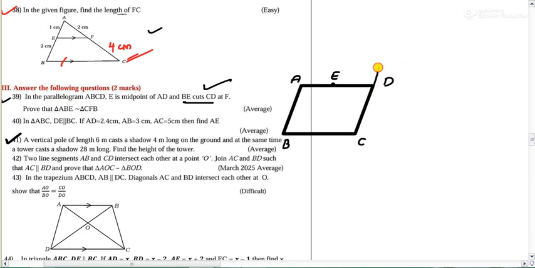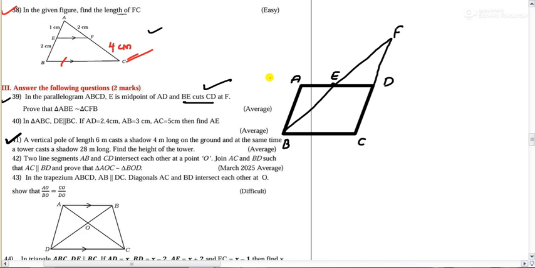CD is extended like this, and this is joined like this. So BE cuts CD at F. This is F. Got the data? Any doubt? Understood how to write the figure?